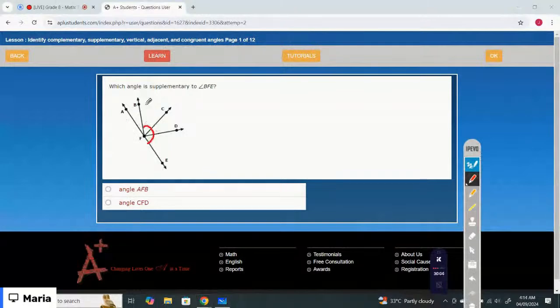So the angle that makes this angle complete 180 degrees, you need to add AFB. So the supplementary angle is angle AFB, right? If you add AFB and BFE together, they form a supplementary angle. So option number 1 is the correct option. Got it? That is option number 1.